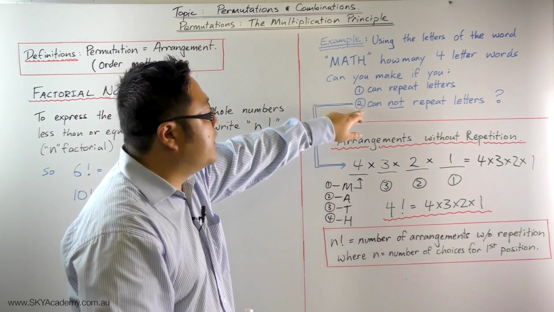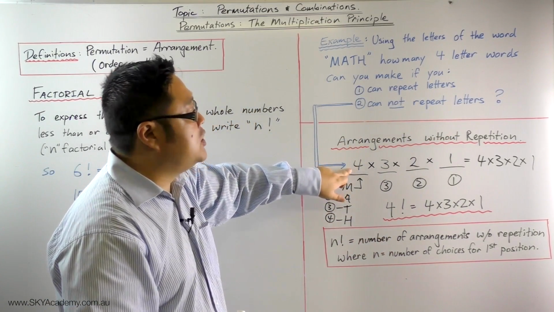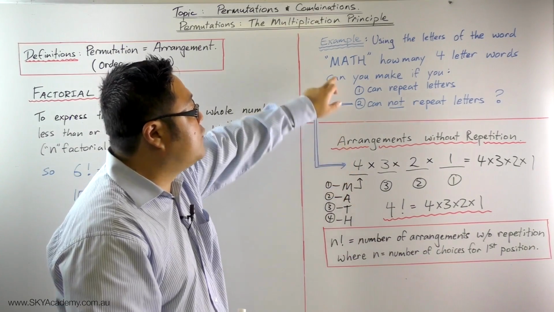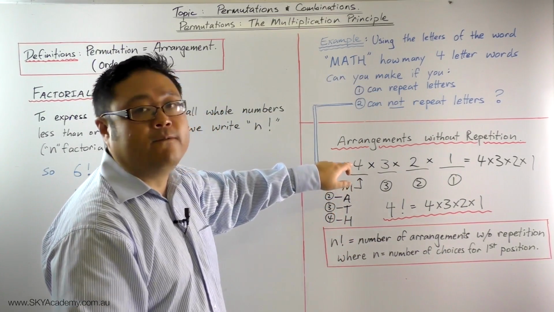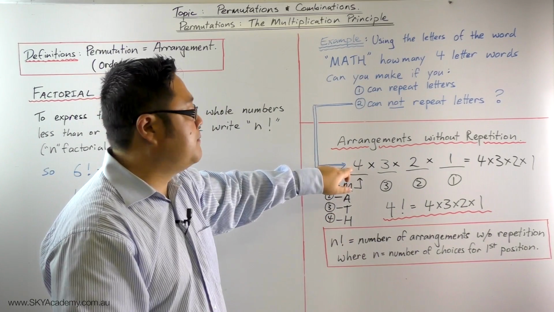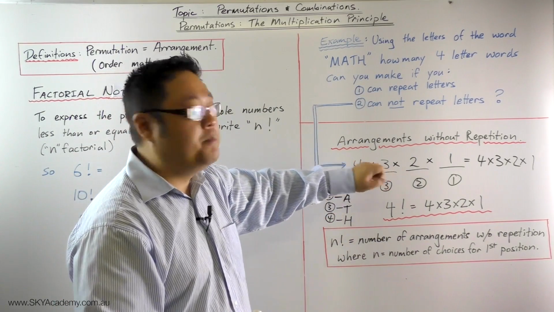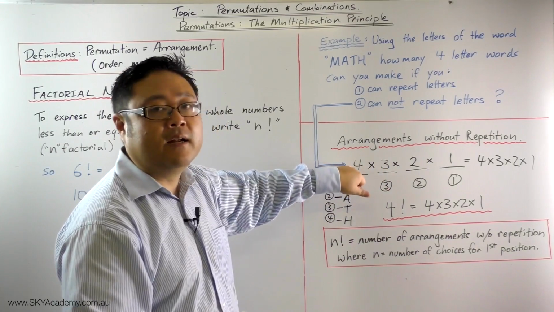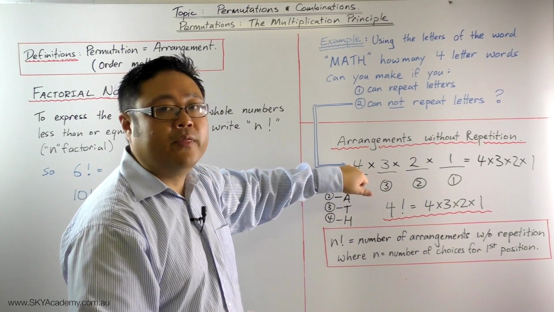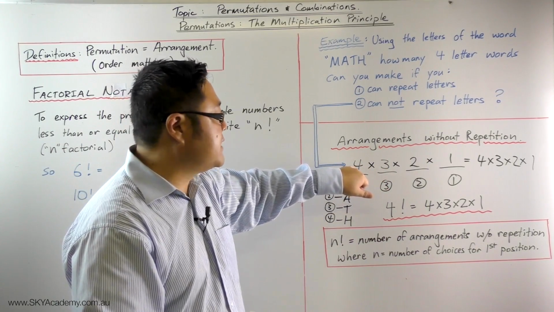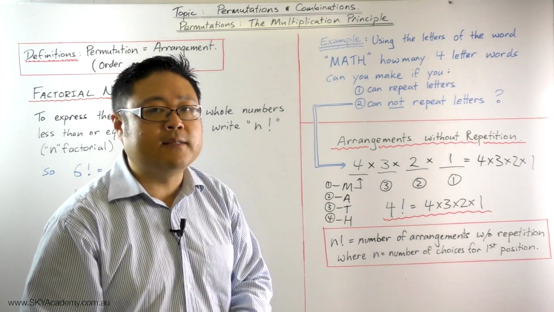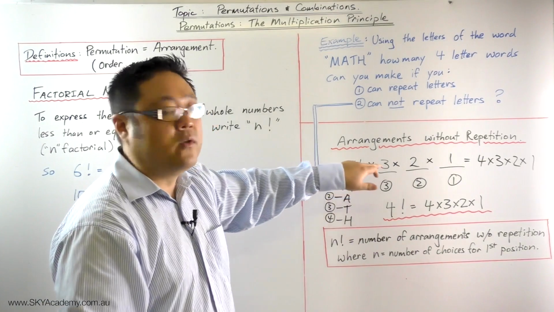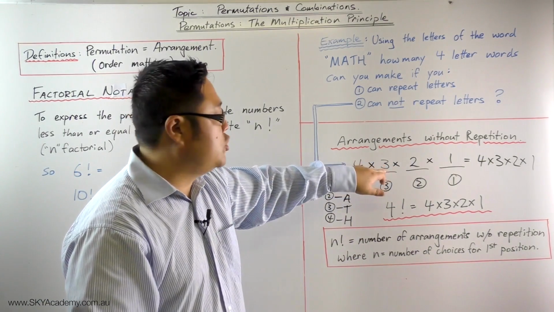Remember that for the first position, you've got 4 letters in the word math, which means you can put 4 letters in the first position. For the second position, because we've already nailed down the first letter, you'll only have 3 letters left, 1 less than 4 to choose from.